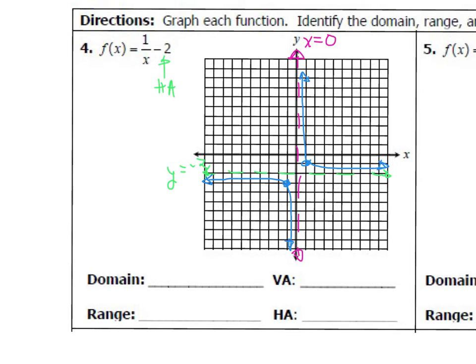So our vertical asymptote is x equals 0, and our horizontal asymptote is y equals -2. Now, as you're doing your domain, you walk along the x-axis from -infinity to +infinity. If you reach any barriers, that's a stop to your domain or range. So from -infinity, I come up to 0 and I have to stop and jump the fence.